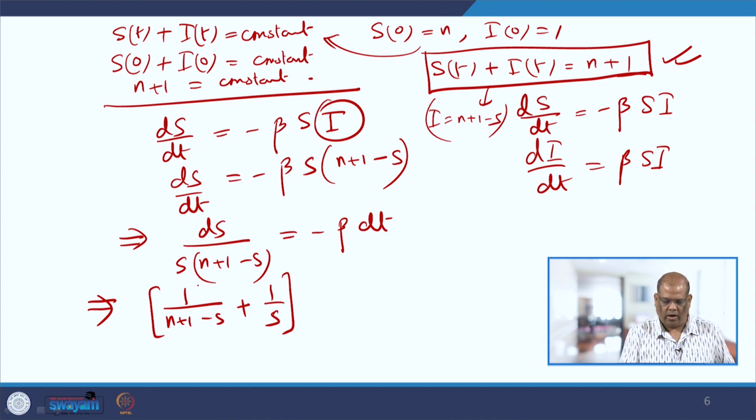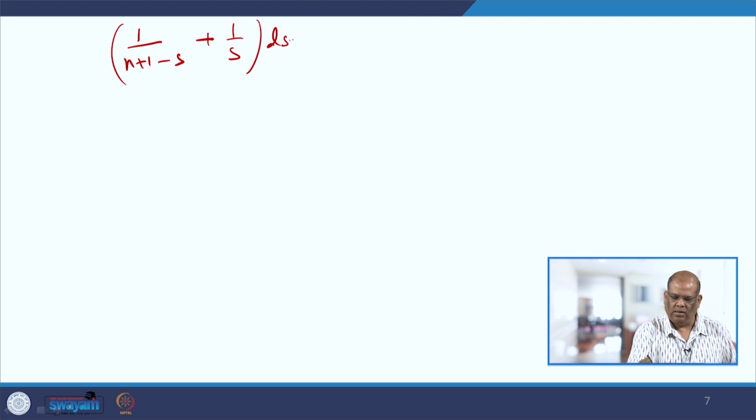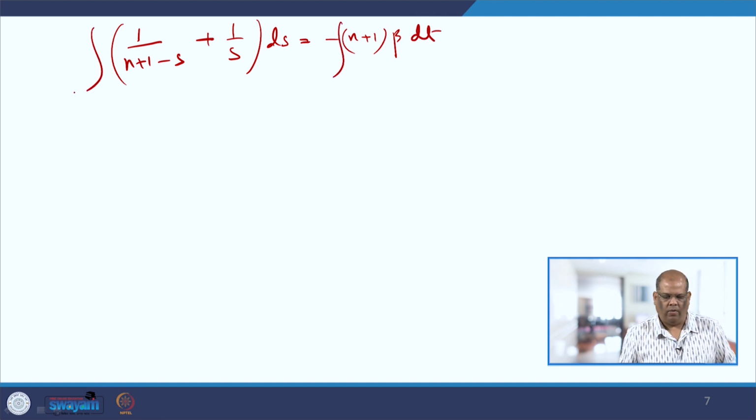In the numerator, you have n plus 1. So, I divide by n plus 1 because there is no n plus 1 in this numerator. So, this whole thing is just written in this form. If you simplify this, you are going to get back this, and this is minus beta dt. So, cross multiplication will give me (1 by (n plus 1 minus S) plus 1 by S) ds is equal to minus (n plus 1) beta dt, and you integrate both sides.